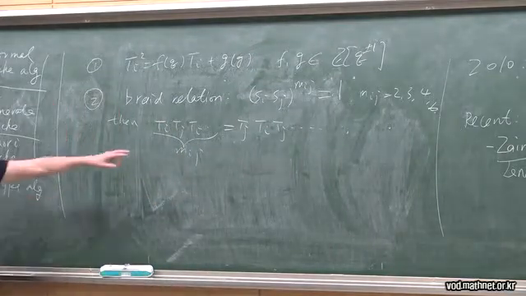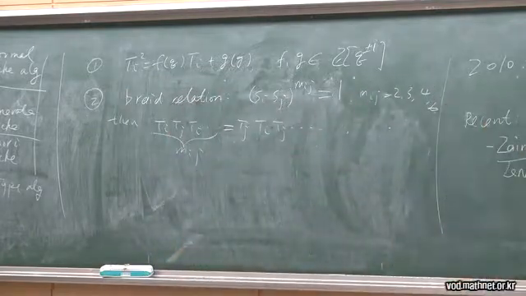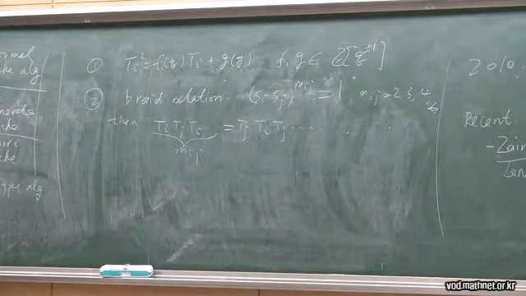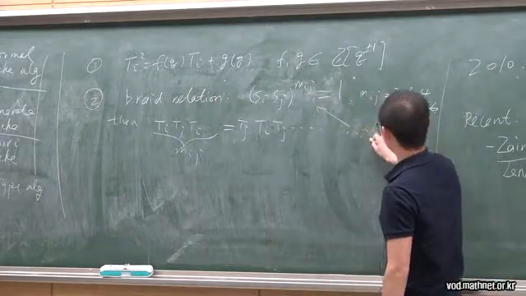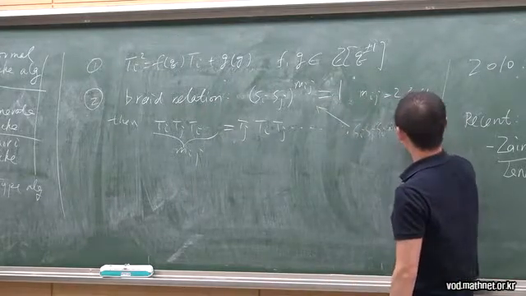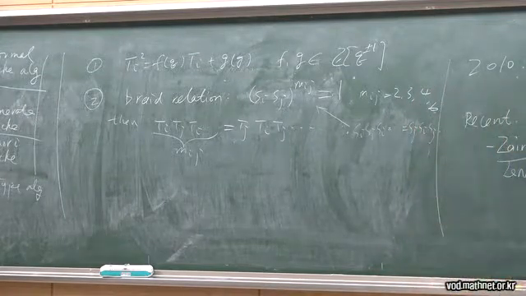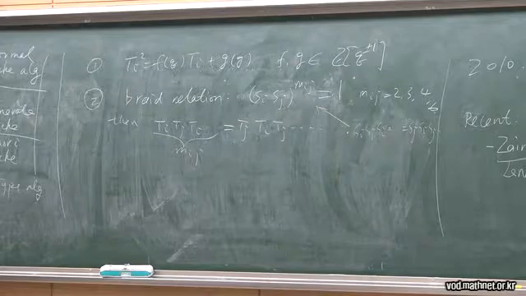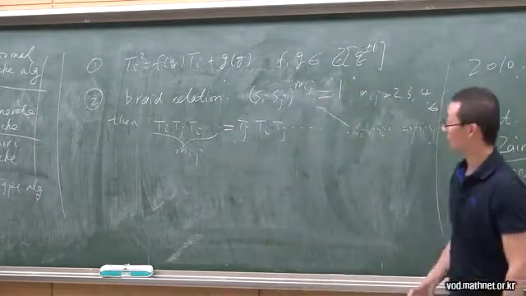Because this relation, if you write it down, will give you Si, Sj, Si, Sj, something like that. And then for the T operators, you have the same relation. That's called the braid relation.